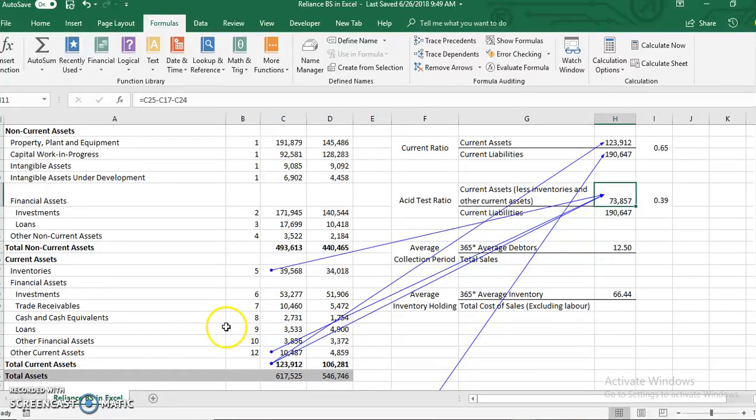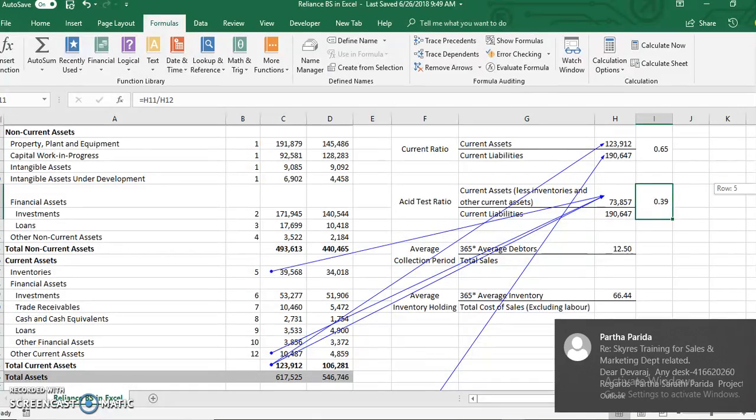We saw earlier that some of the other current financial assets may include deposits. In practical terms we should remove those, but for the sake of simplicity, we are not removing them. The current liabilities remain the same. So here the asset test ratio is 0.39, which is pretty low compared to the industry.